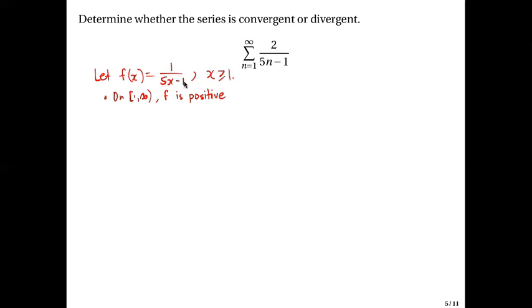You know that 5x minus 1 is positive when x is greater than or equal to 1 over 5, and you have x greater than 1. So it's always positive. Second, decreasing. You can do the decreasing part here. So what do we get for the decreasing part?